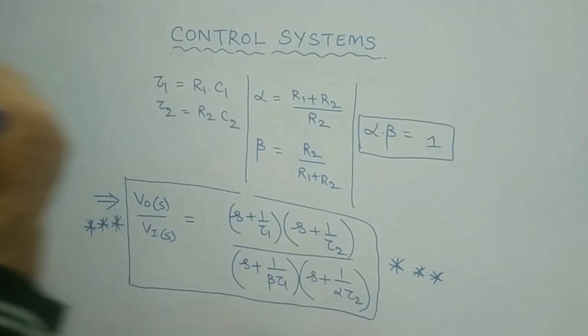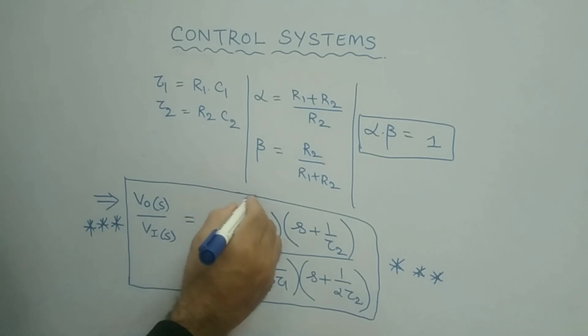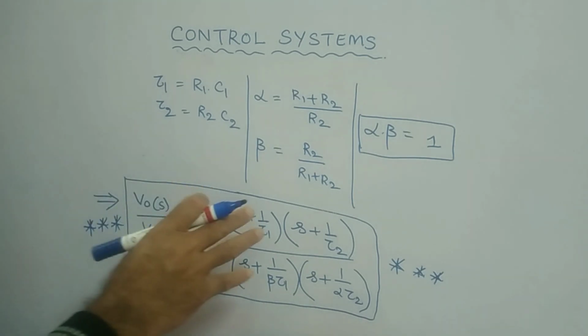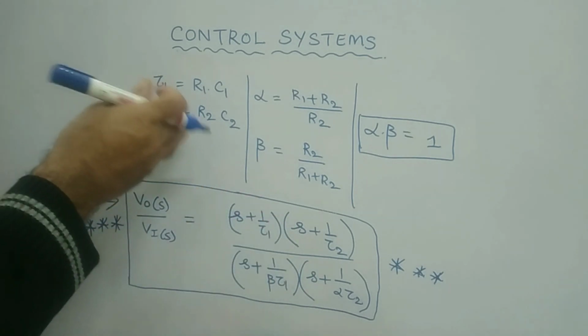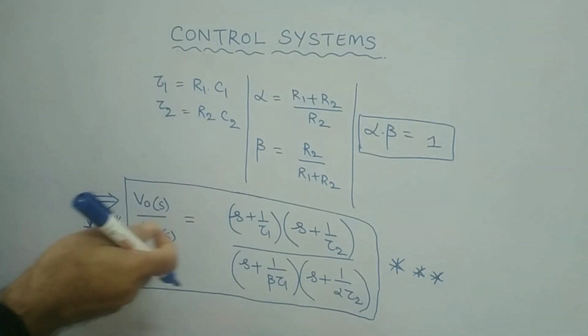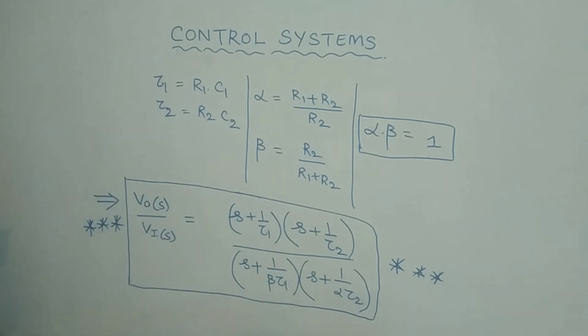Alpha into beta is equal to 1. So these are the simple, important things involved in this transfer function. At this moment you just remember this formula and you can simplify that ratio and bring it to this form. This is the form of the transfer function of a lead lag network, right?